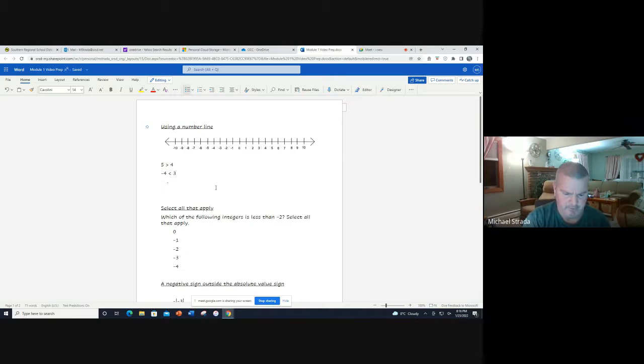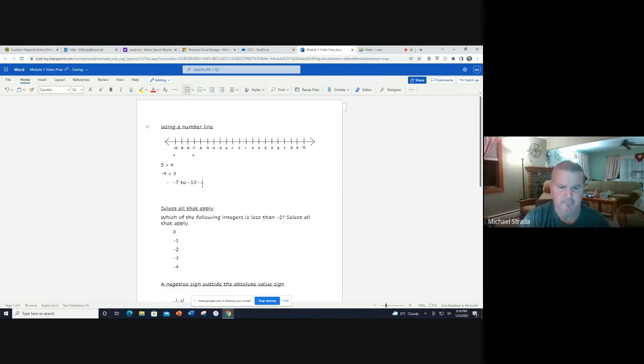So let's say we were going to compare negative 7 to negative 10. Well, negative 7 is going to be located right here. And negative 10 is going to be located right here. So basically, anything to the left is less than anything to the right.